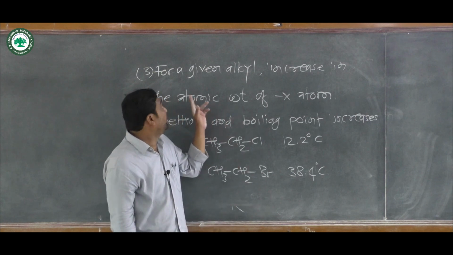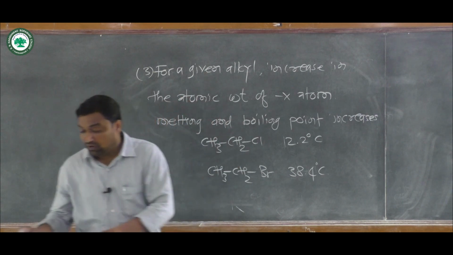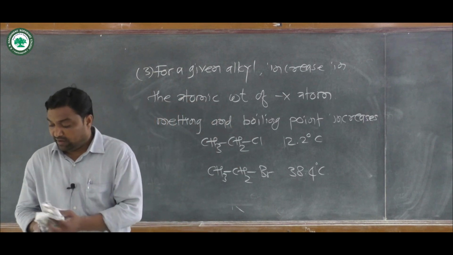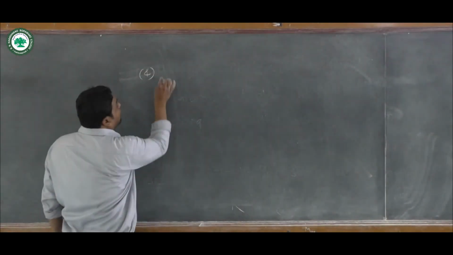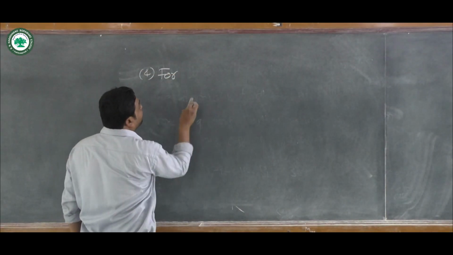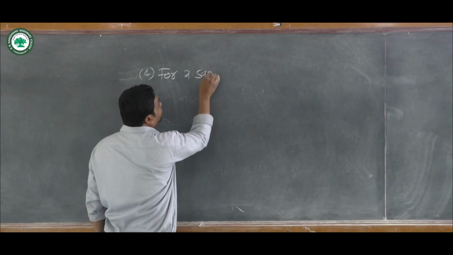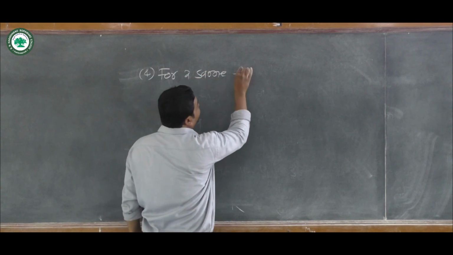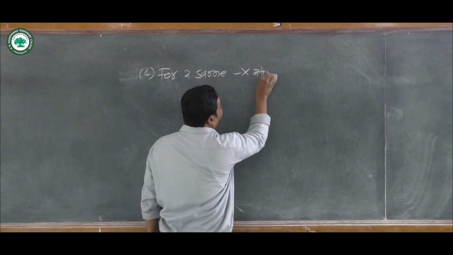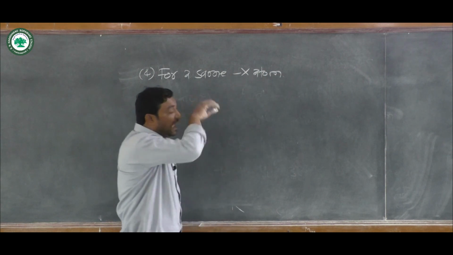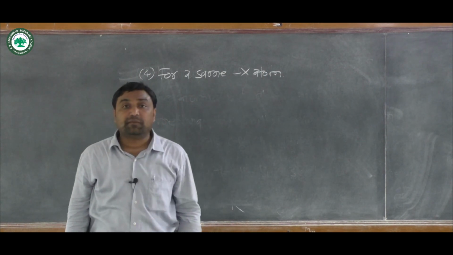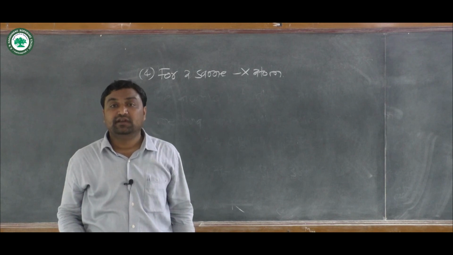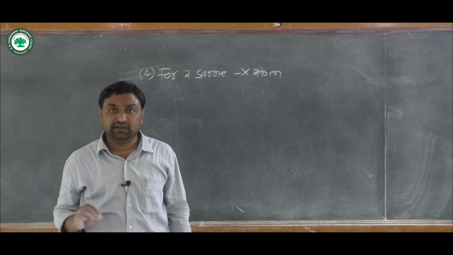Now, the next property, that is property number 4 of alkyl halides, is that for the same halogen atom, as the number of carbon atoms increases, its melting or boiling point increases.